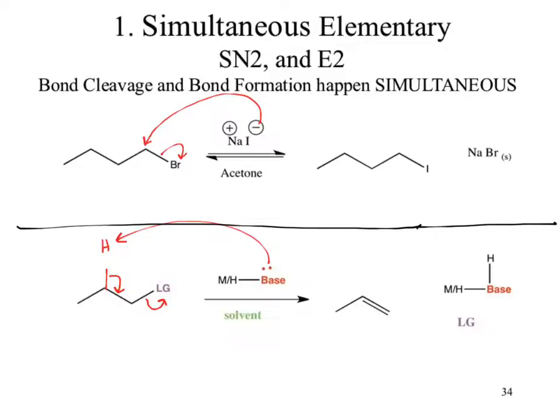The speed of a reaction is dependent on the slowest step. What is the slowest step in the SN2? There's only one. So by definition, that step is the slowest step. That is the one that's going to determine the speed of the reaction. Speed is also known as rate.